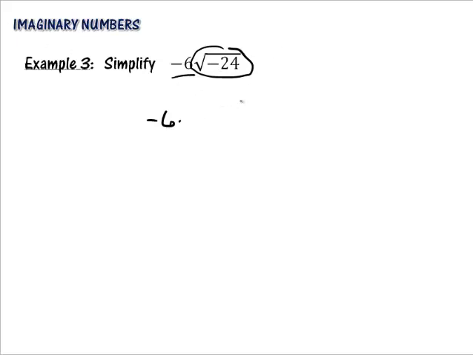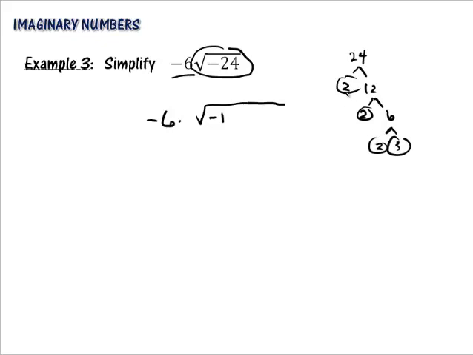The square root of negative 24 is going to be the square root of negative 1, and then we factor 24. That's 2 and 12. 12 is 2 and 6. 6 is 2 and 3. I'm going to put the two 2's together, so I have 2 squared, and then this 2 left over and this 3 left over.